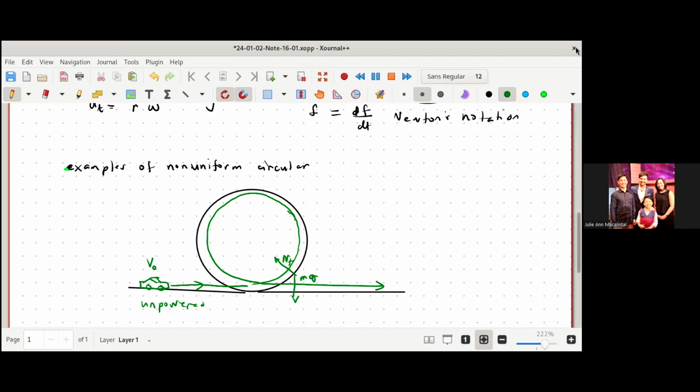So if the instantaneous velocity looks like this, and you have two forces, one pointing perpendicular and another in the same direction, this will change the direction.